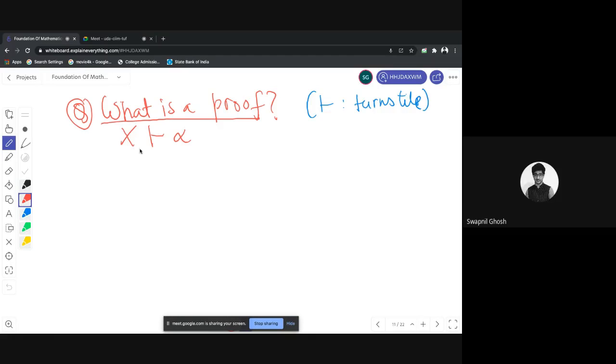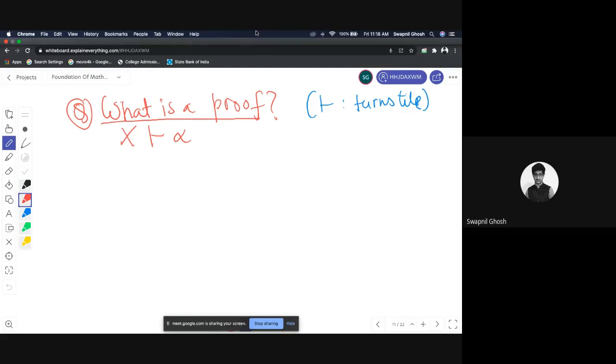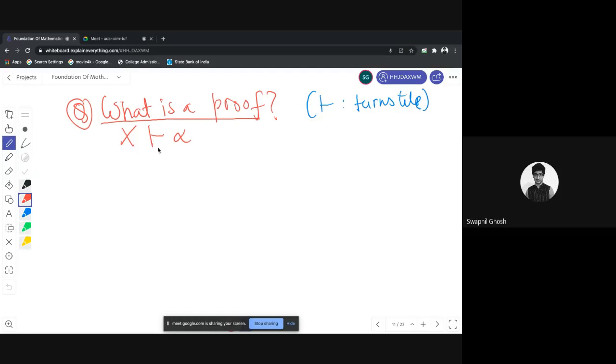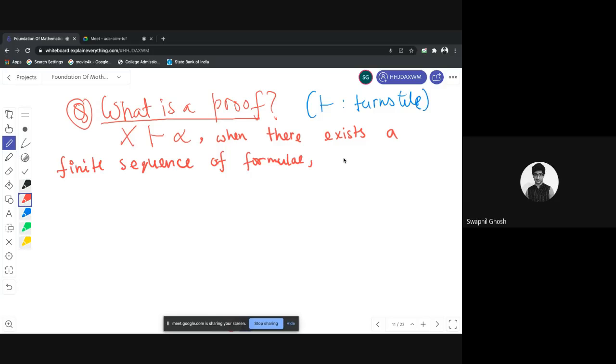Now, what is a proof? When do we say X turnstile alpha? We say alpha is provable from X when, this is important, there exists a finite sequence of formulae alpha 1, alpha 2, ..., alpha n such that certain conditions hold.